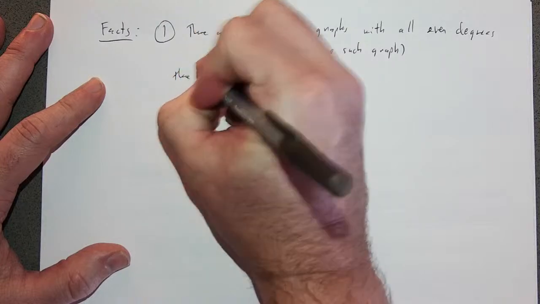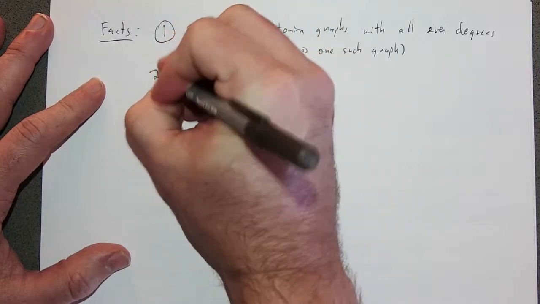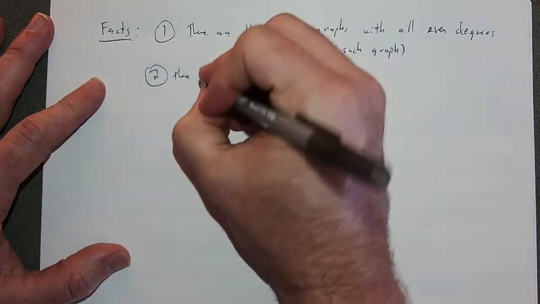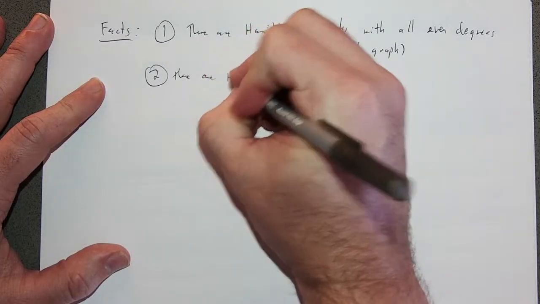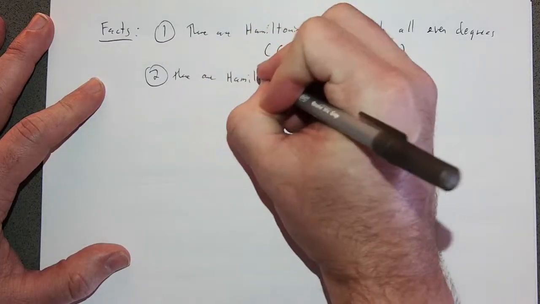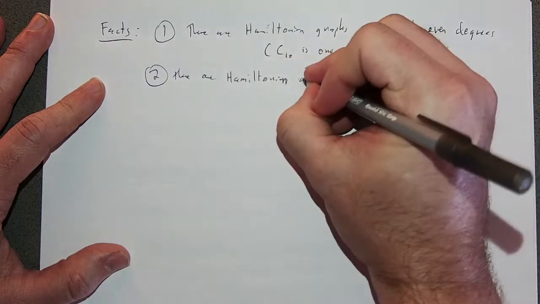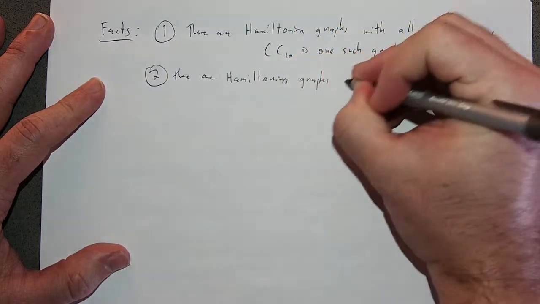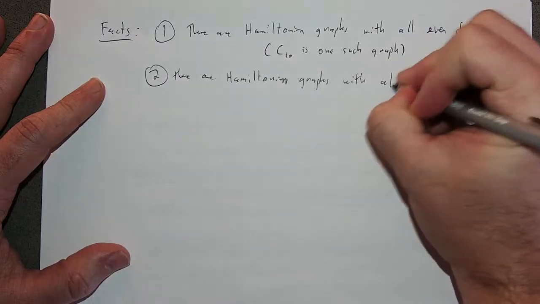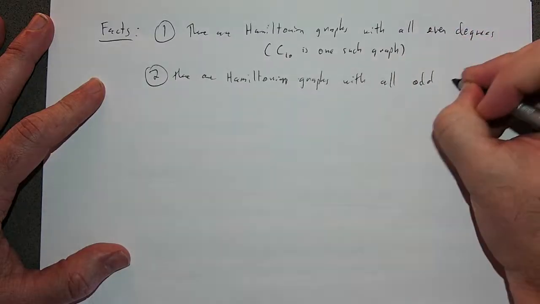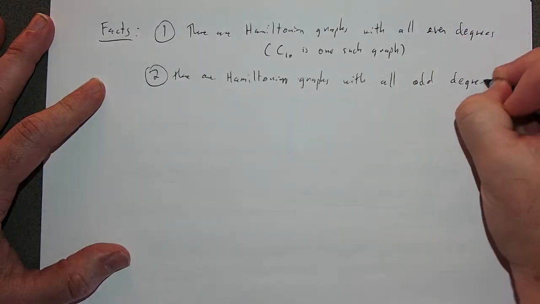There are also, maybe I'll just write this as a second fact, Hamiltonian graphs with all odd degrees.